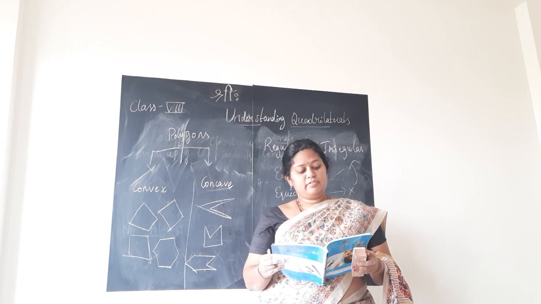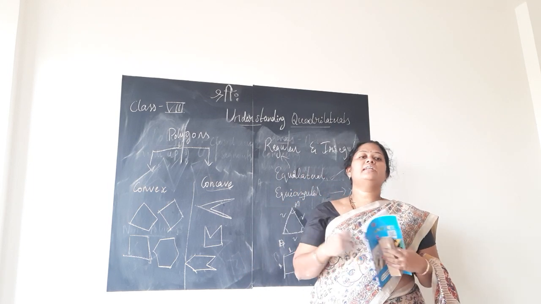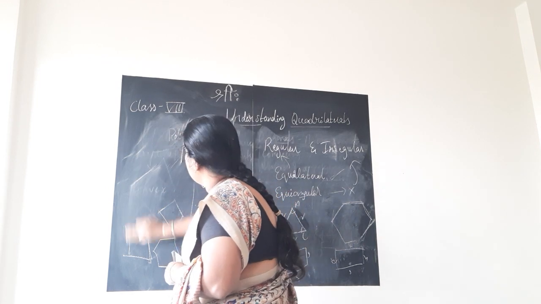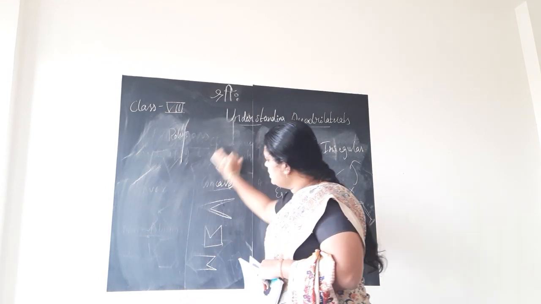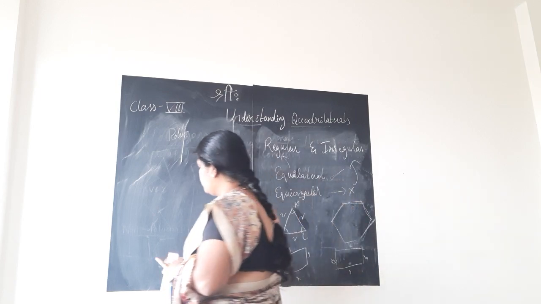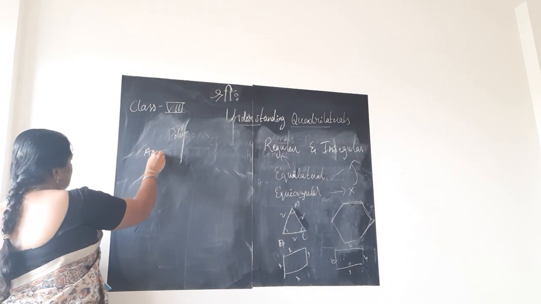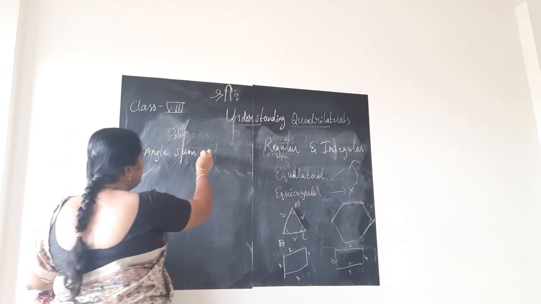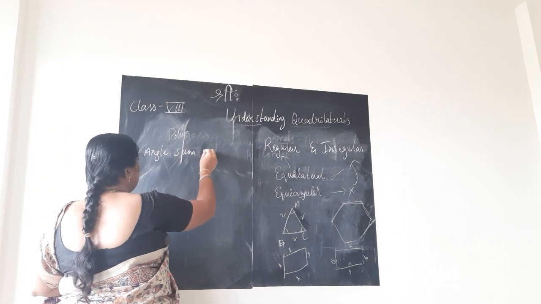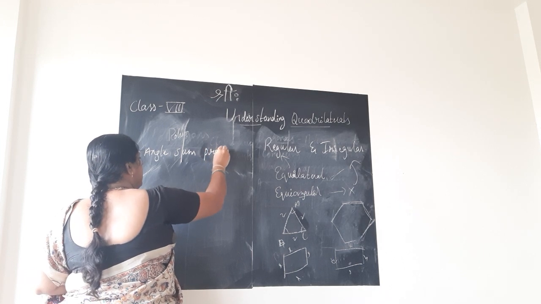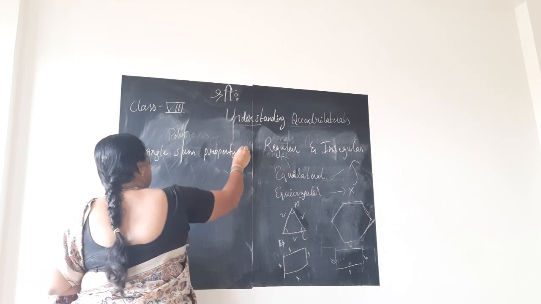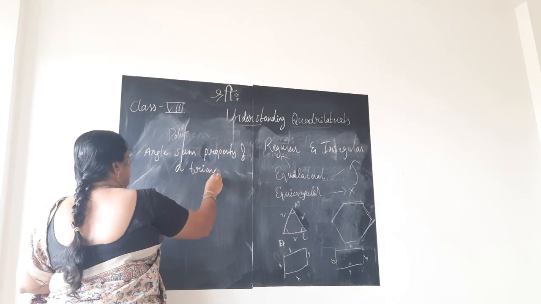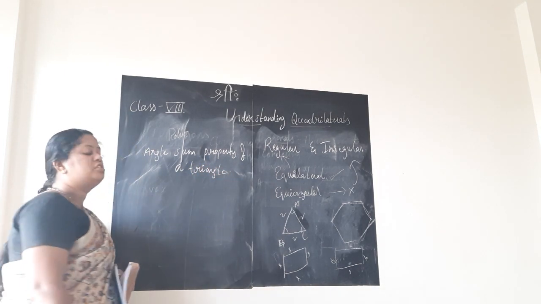Next, one more thing, that is the angle sum property. You have studied the angle sum property in class 7. Here I am telling you about the angle sum property of a triangle.